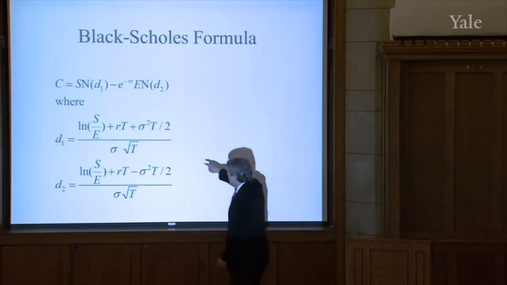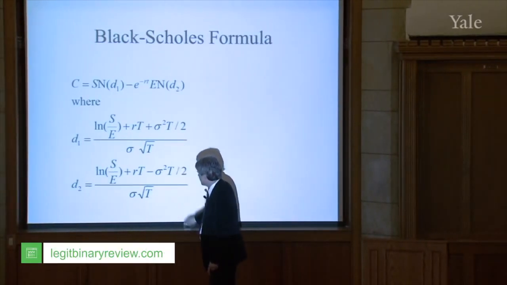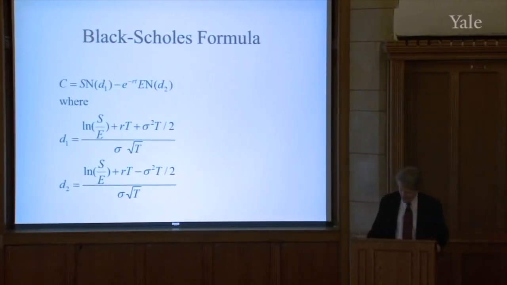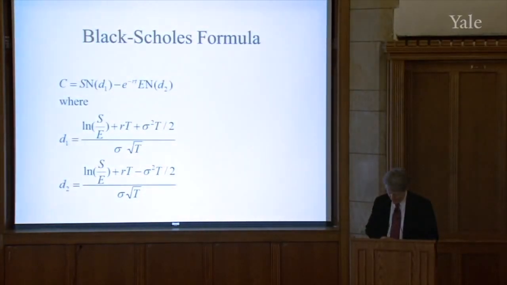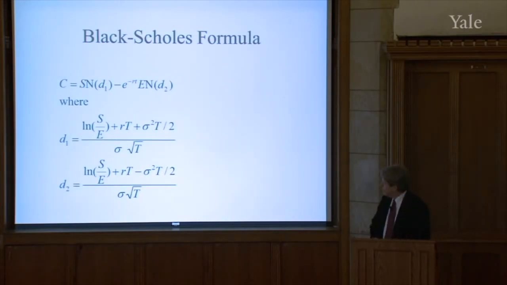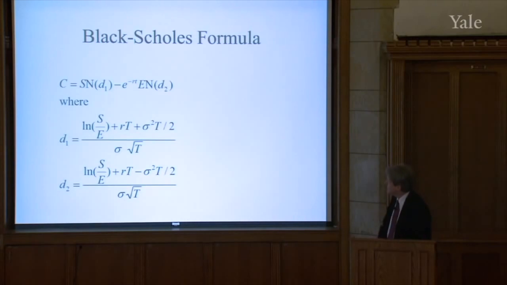But for any call price, given the stock price, exercise price, time to maturity, and interest rate, I can calculate what volatility would imply that price. And so that's where we are with Black-Scholes. So implied volatility is the options market's opinion as to how variable the stock market will be between now and the exercise date.